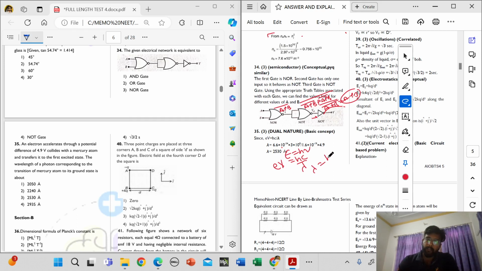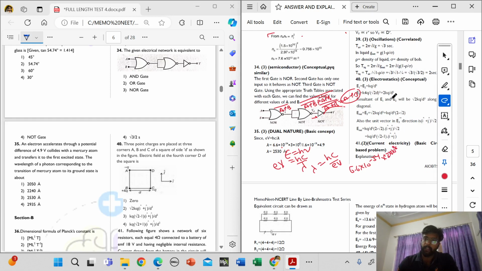So from here, lambda is equal to hc upon eV. We know the value of Planck's constant, 6.6 into 10 to the power minus 34 joule second, the speed of light 3 into 10 to the power 8, and the electron charge, and we have been given the potential 4.9 volts. So we can calculate the value of lambda from here. The answer comes to 2530 angstrom. Option number 3.